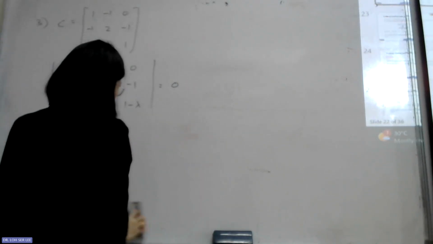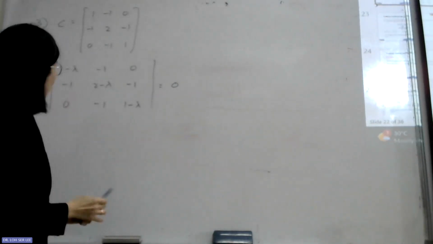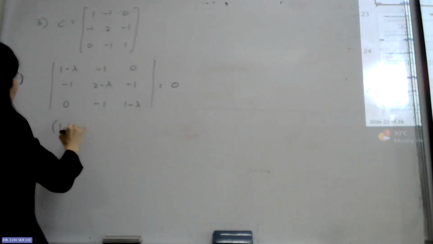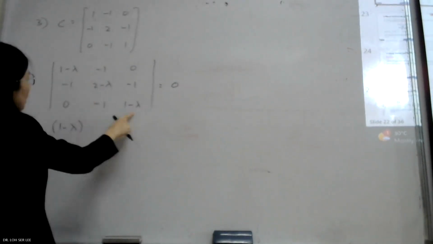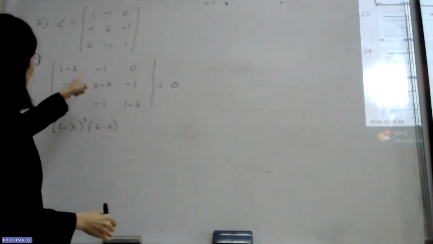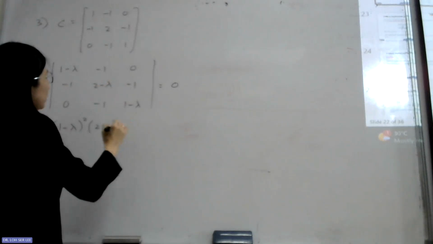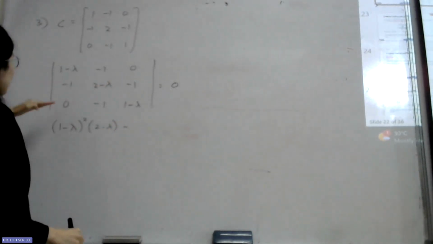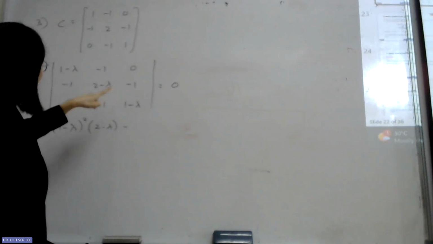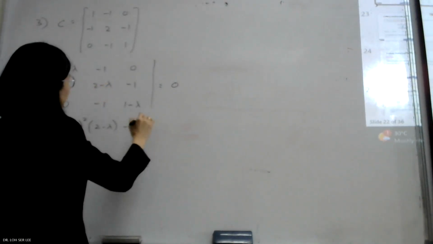This one I use shorthand. 1 minus lambda, 2 minus lambda, then 0, 0, minus another direction, 0. This one is plus, right?